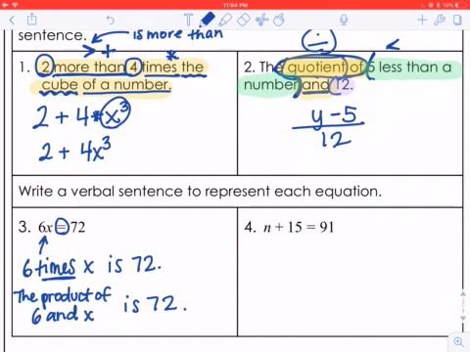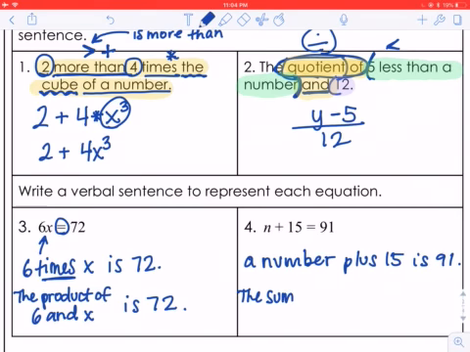Okay. I have a number, in this case it's n, plus 15 is 91. You could also say the sum, because the word sum means the answer to an addition problem.